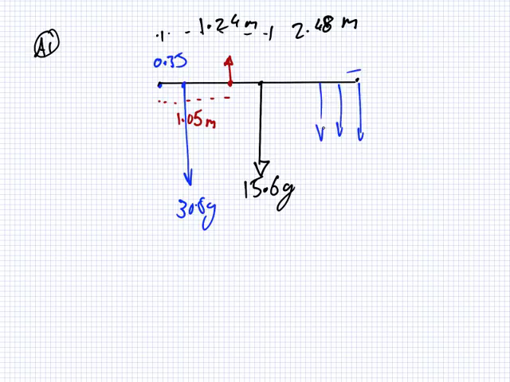But if we continue to read, they want the distance the girl is from the end of the plank. So it means that we deliberately don't know because that is something we need to find. So we shall call this distance, like here, x. And we know her mass is 25.6 G.